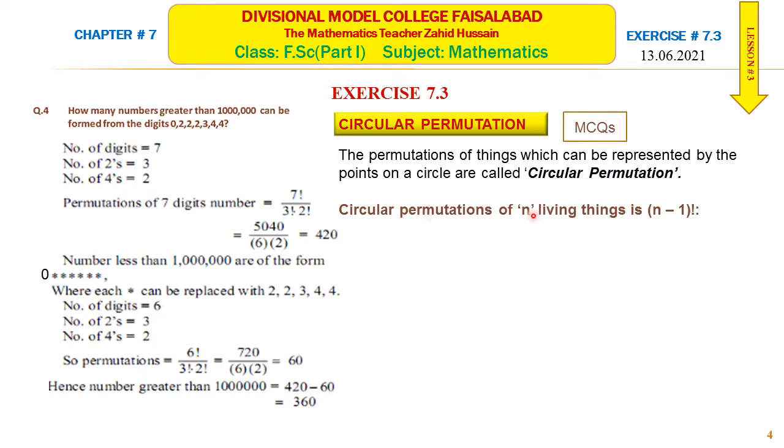If the objects are living things, persons, then the arrangement of n living things will be equal to n minus 1 factorial. We subtract 1 from the total number and take the factorial of it.